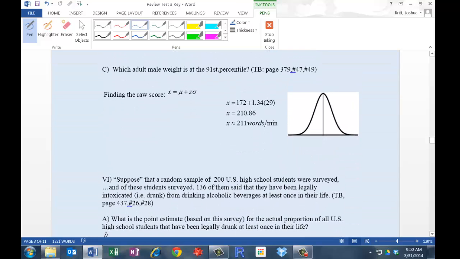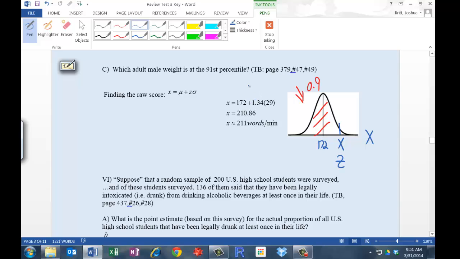Now here we want to find the 91st percentile. So this is x, and the 50th percentile is in the middle. That's 172. But the 90th percentile is going to be over here, such that 90% of the area is over here. So the question is, what is x? Well, we have to get the z-value that separates the bottom 90% from the upper 10%, and that's 1.34.